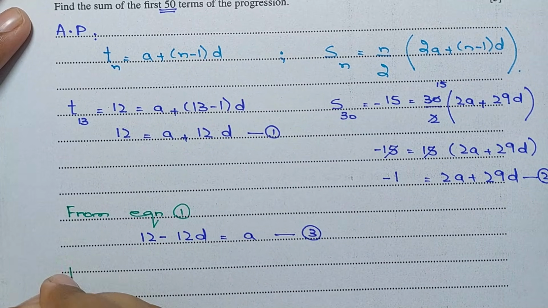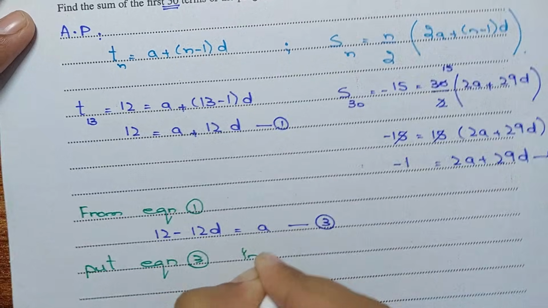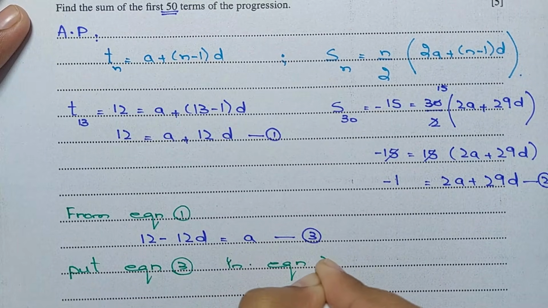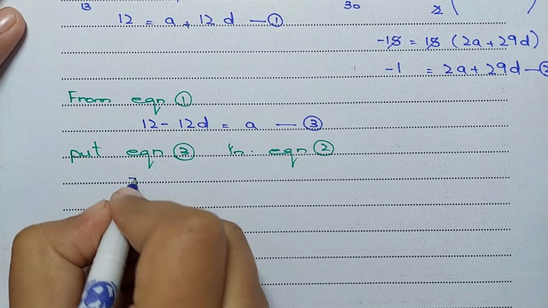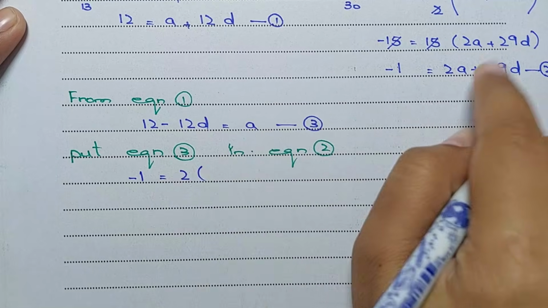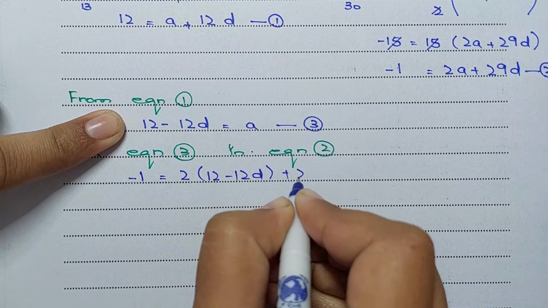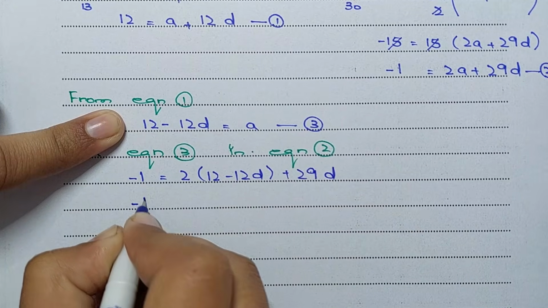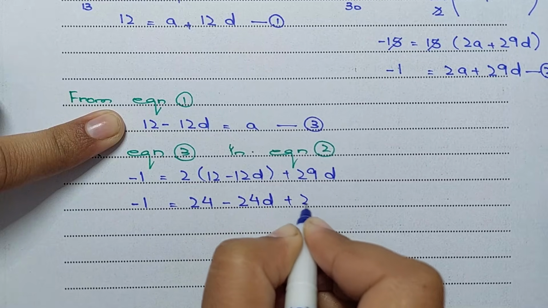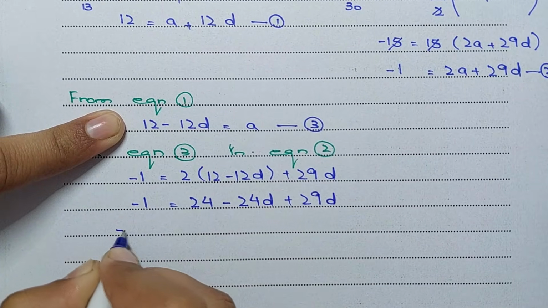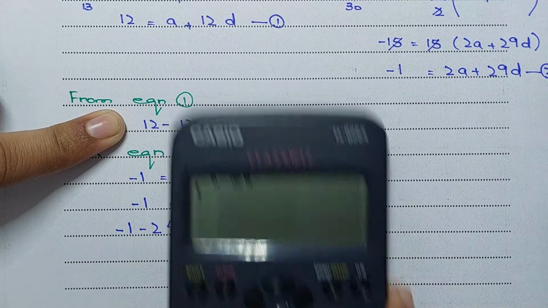Put equation 3 in equation 2 and solve for d. Minus 1 equals 2 times the a value, which is 12 minus 12d, plus 29d. Minus 1 equals 24 minus 24d plus 29d. So minus 1 minus 24 equals 29d take away 24d.